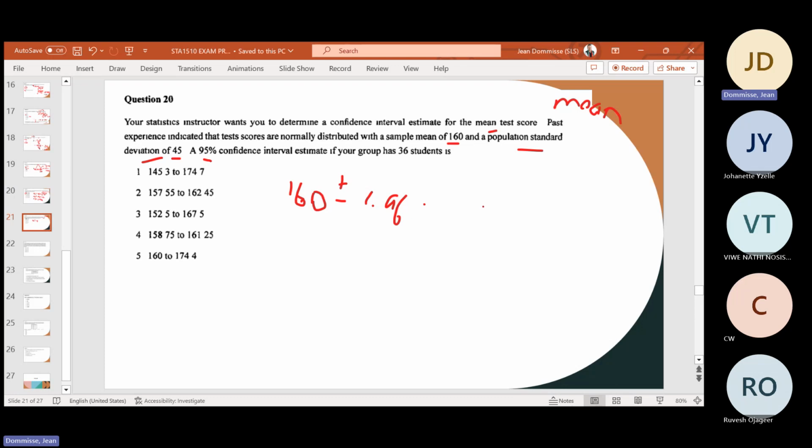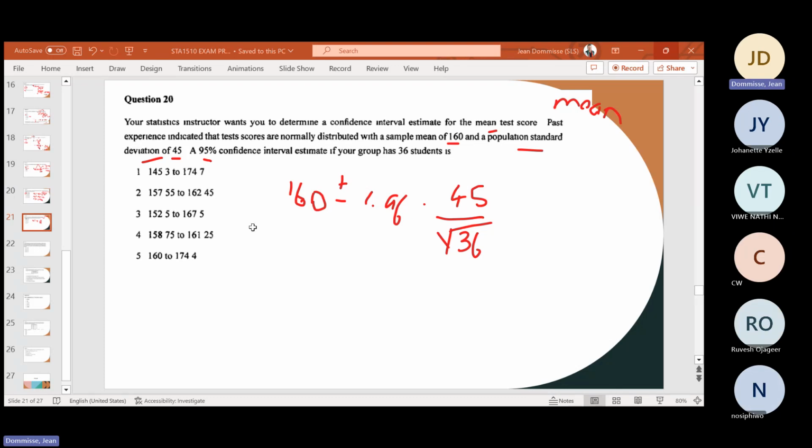So we then will multiply that by the standard error, which is the 45 divided by the square root of n. They tell us n is 36, so the square root is going to be 6 in the end. But let's quickly work that out. So we basically have 45 divided by the square root of 36.